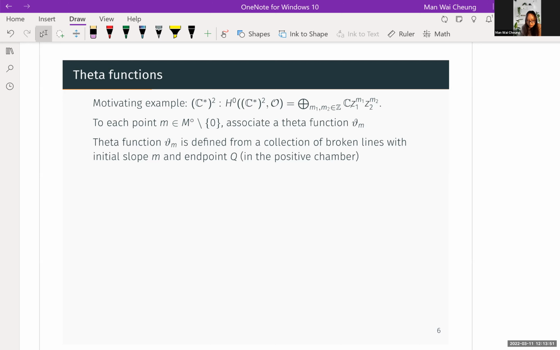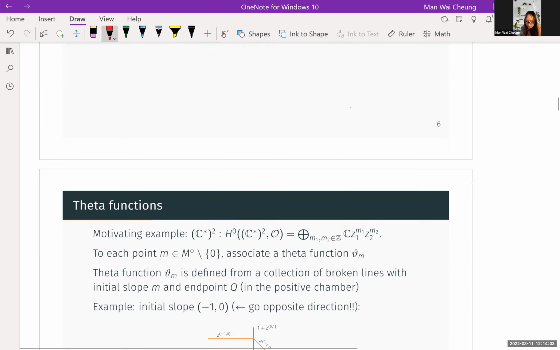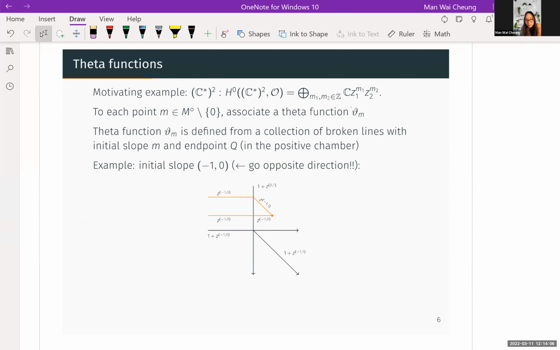Roughly speaking, a theta function is defined by a collection of broken lines with initial slope m and endpoint q. In the cluster theory, we fix the endpoint in what we call the positive chamber. Again, example, our favorite scattering diagram. This is our endpoint. Positive chamber means everything is positive in the tuple. And then here we choose our initial slope to be -1, 0.